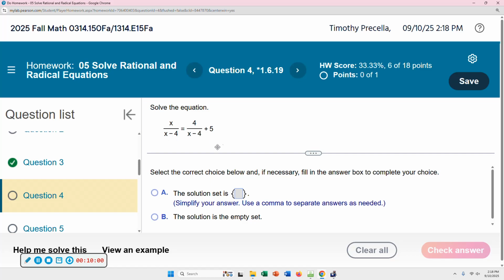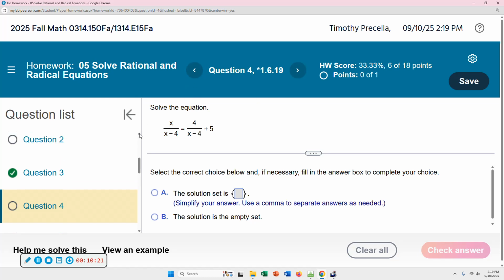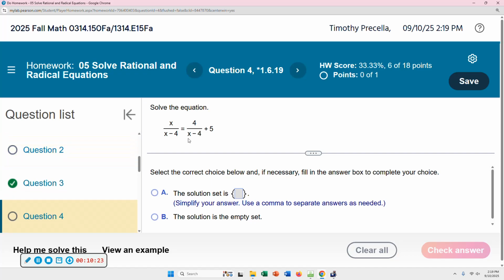If you went through and you solved that equation and got 4, you'd have to cross out that answer and then select the option, the solution is the empty set. Now, if you get x equals 4 as your answer and nothing else, then 4 is unacceptable. So as we go through solving the things, the last step, we're going to have to make sure that any solution we get doesn't give us a denominator of 0.